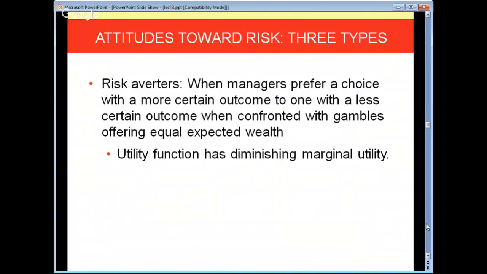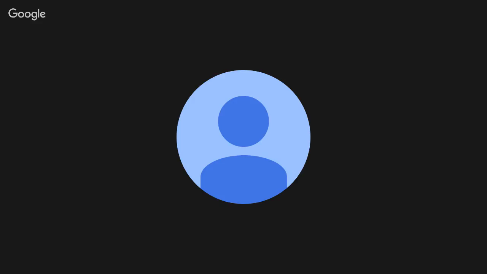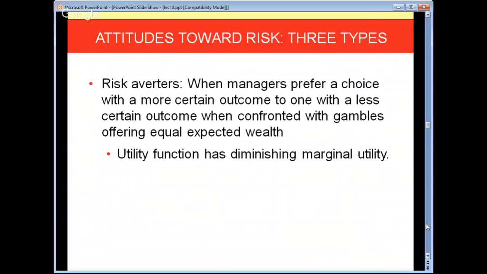If you're indifferent between those two things, 2 million certainty or 2 million in the gamble, you're known as risk neutral. You don't care about the risk. You probably know poor people who like to go to the casino and throw the dice or whatever it might be.